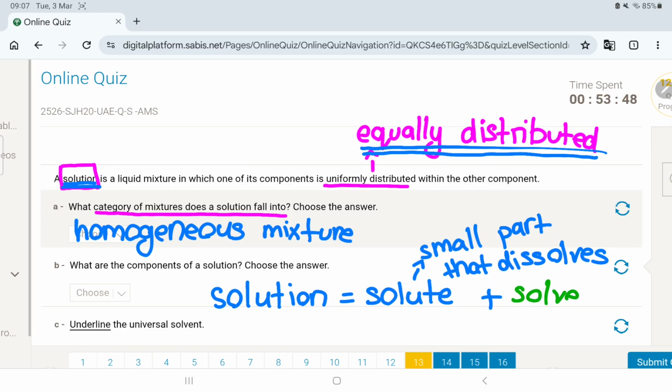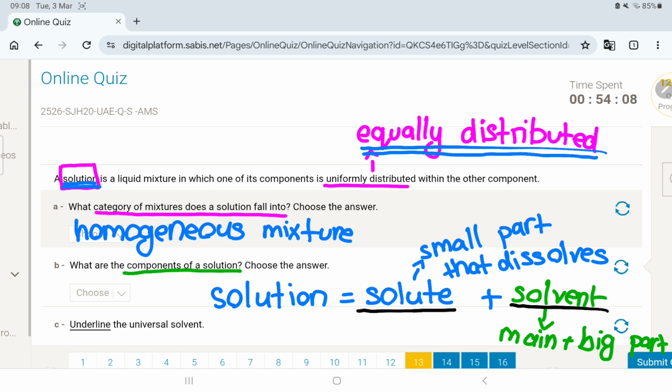And what's the solvent? The main or big part. So what's a solution made of? It's made up of a solute and a solvent. So here, solute plus solvent.